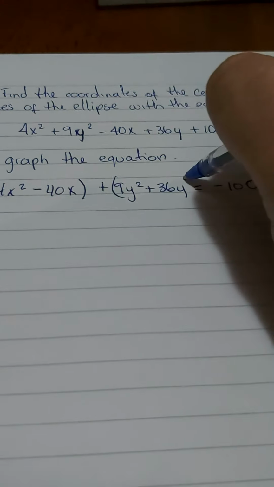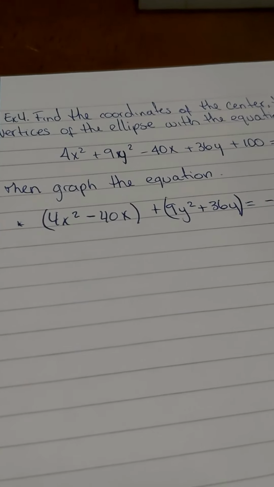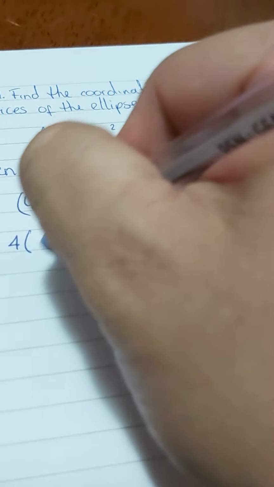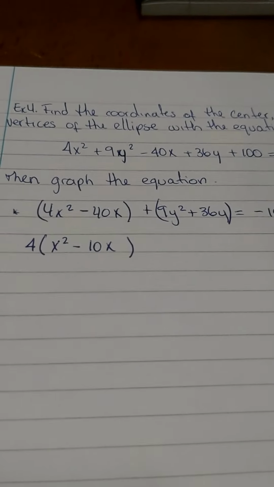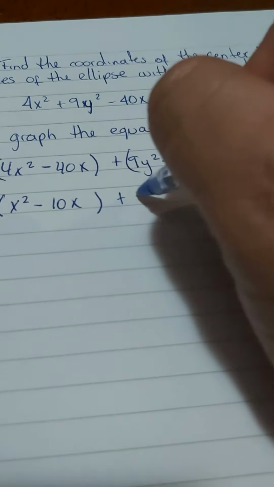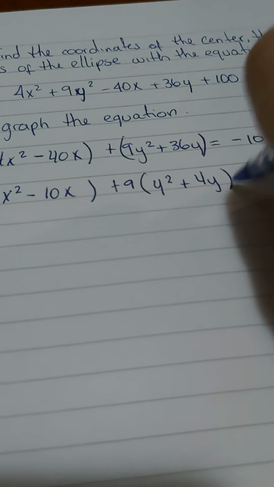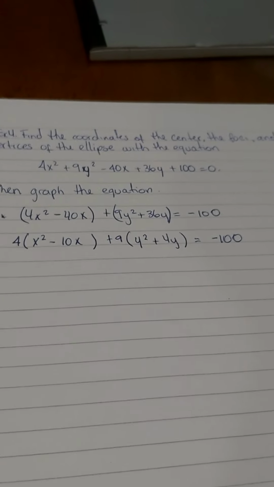Now we're going to group them. Notice that 4x squared and 40x have the greatest common factor of 4, so we can put the 4 outside and we have 4 times (x squared minus 10x). 9y squared and 36y have the greatest common factor of 9, so we can take out that 9 and we get 9 times (y squared plus 4y), equals negative 100.